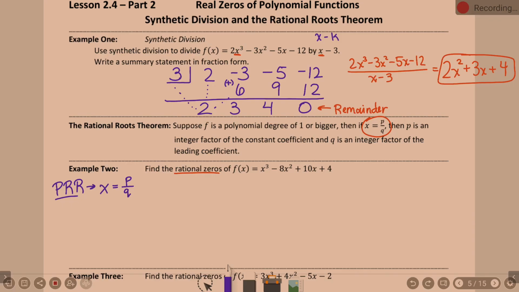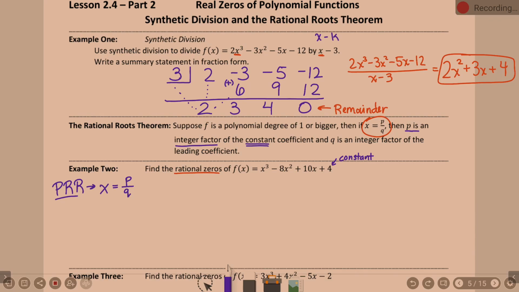When I talk about x equals p over q, P is an integer factor of the constant. What is my constant in this problem? 4. So 4 is my constant.